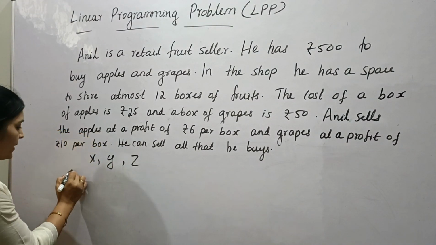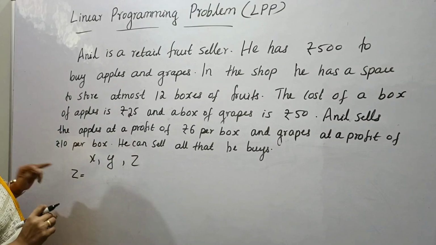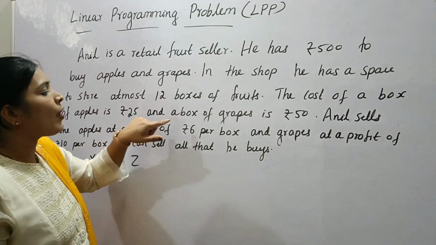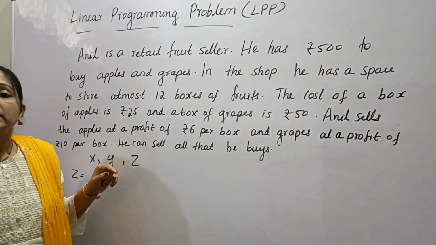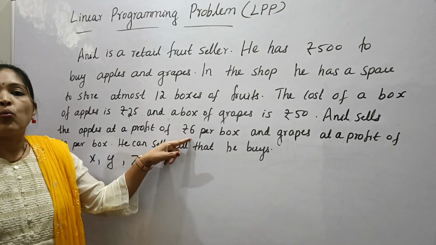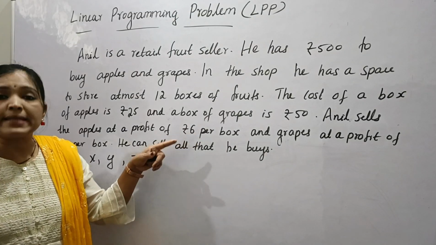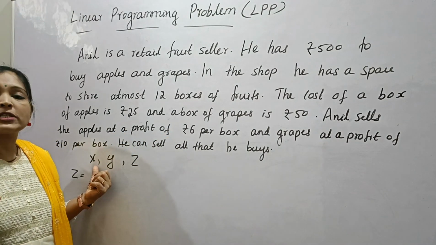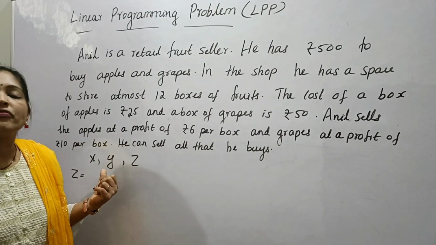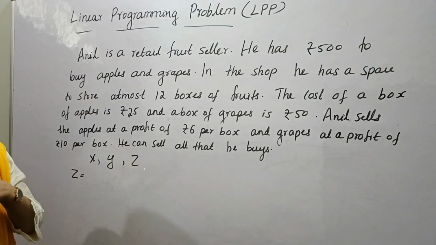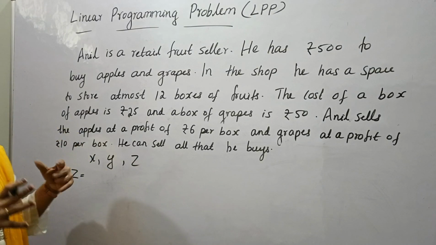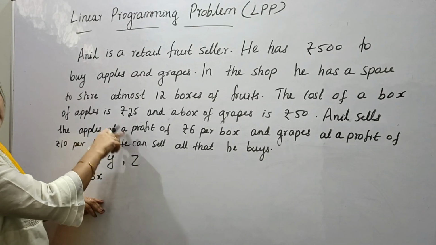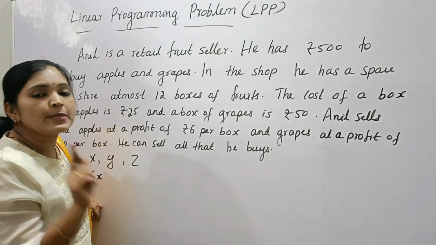What is the profit? Z, right? Profit is z. Z is equal to, see here it is given, Anil sells the apples at a profit of rupees 6 per box. That is, for one apple box he gets rupees 6. There are x number of apple boxes. Therefore, the total profit from apple boxes is 6x, because he sells apples at a profit of rupees 6 per box.